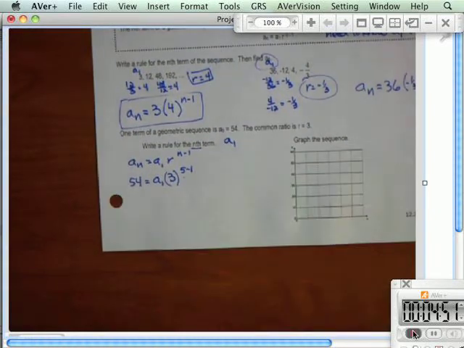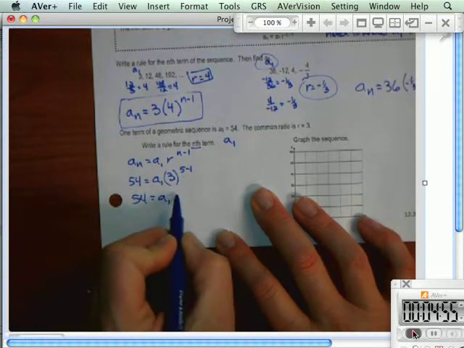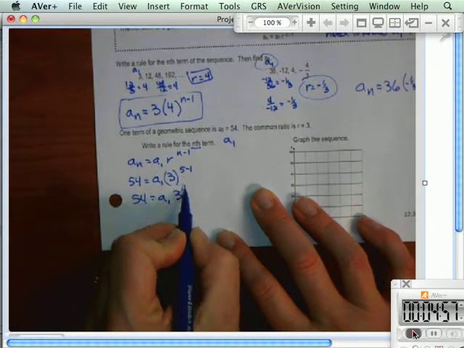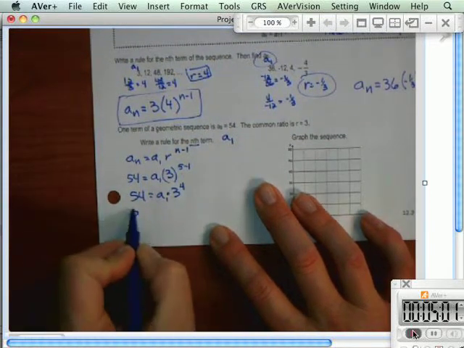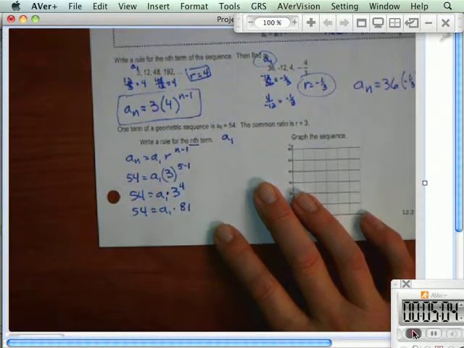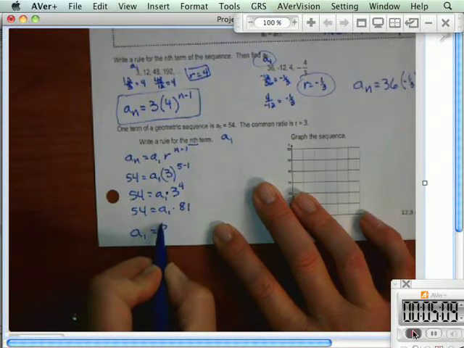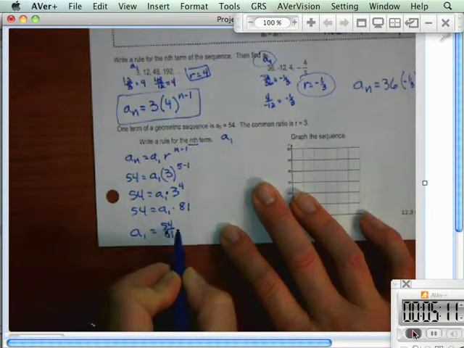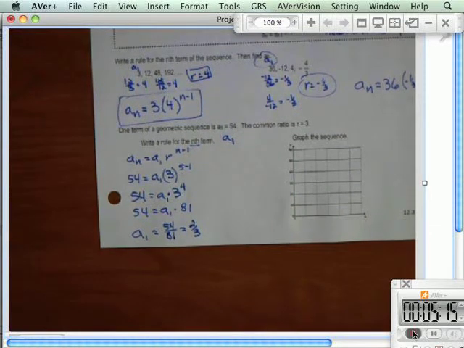So then if you just do the math here, you're going to figure out what A1 is. 3 to the 4th, which is 81. Divide both sides by 81. It's kind of ugly, but it turns out to be pretty. 54 over 81 equals 2/3 when you reduce it. So I know my A1, my first term.